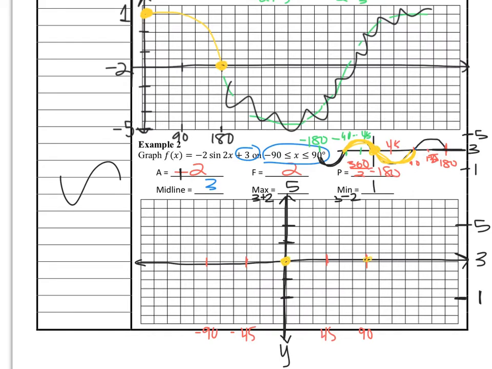At 90, I'm at the shift line. And at -90, I'm at the shift line, or the midline. Okay, so I just plotted these 3 points from my original graph. And then I know that at -45, I'm at my maximum, because I can see it's up high right here. And then at +45, I'm at my minimum, and then I connect, and we're golden.